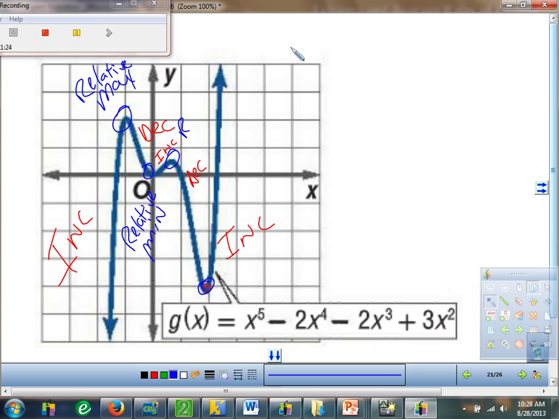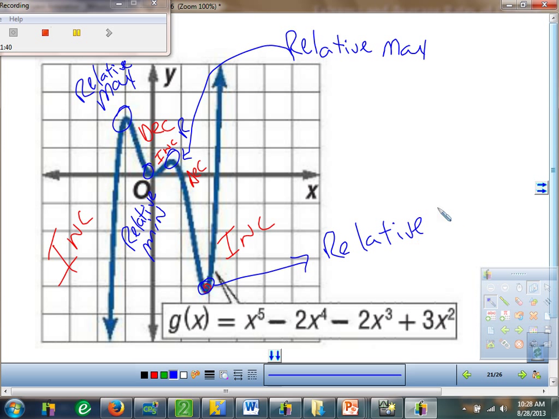We'll write over here and draw an arrow, just really don't have room in there. So relative max here, and then finally here would be a relative minimum. So those are our critical points. Now, again, with this, there are no absolutes because we have an odd function, and it's going to go to negative infinity here and positive infinity there.